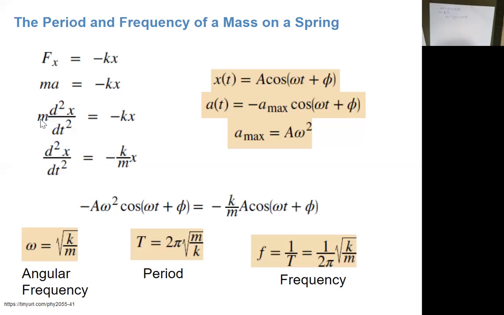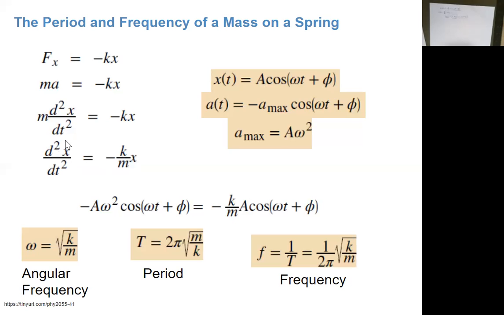Now if you move m to the other side, then d squared x over dt squared equals minus k over m times x. Taking the expression for x as a cosine, you'll be taking the double derivative of A cosine of omega t plus phi.